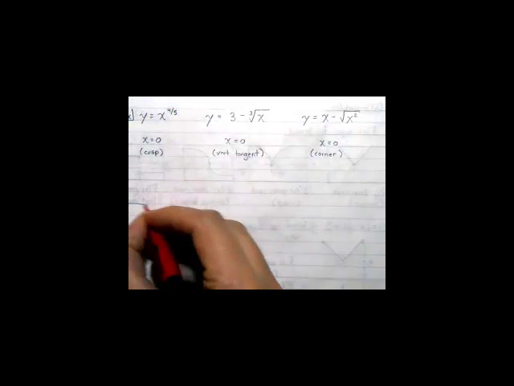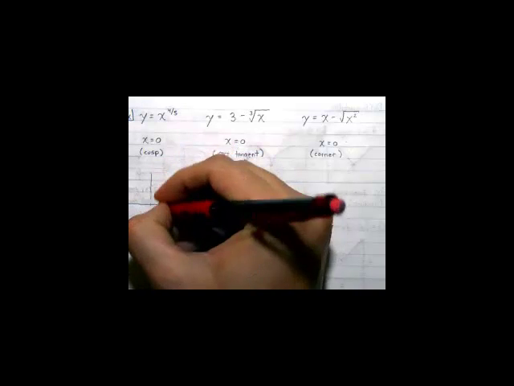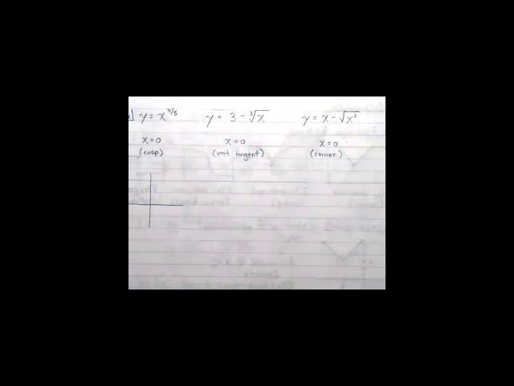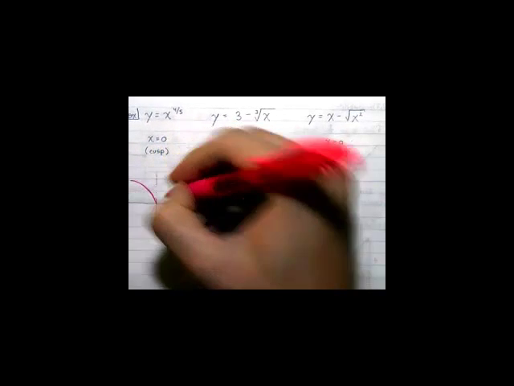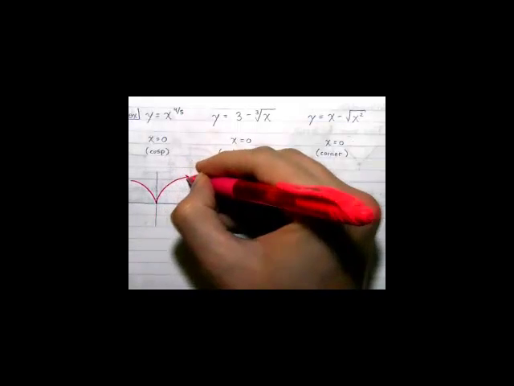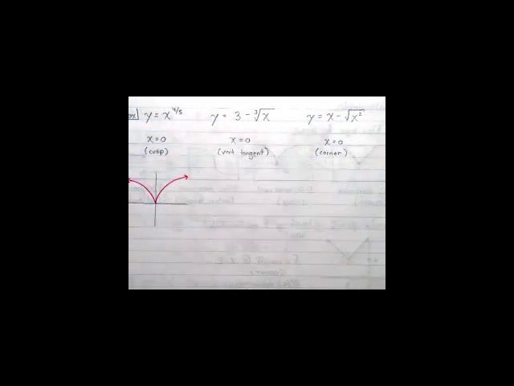And here's the deal. Like I said, the shape of the first one should do something kind of like this. If you zoom in really close, you can see it does actually do a cusp like that.